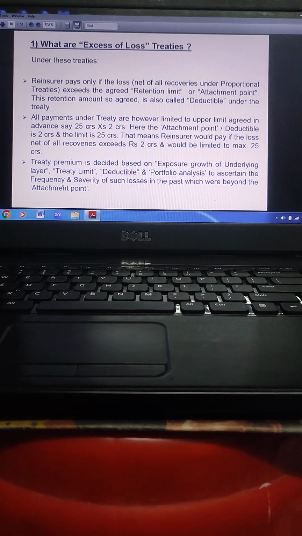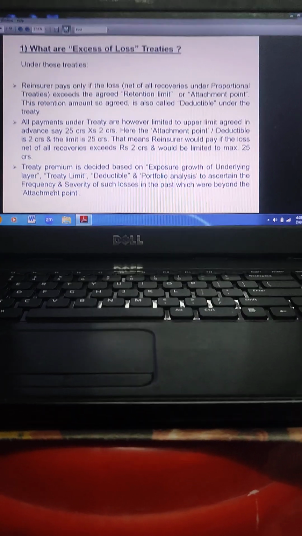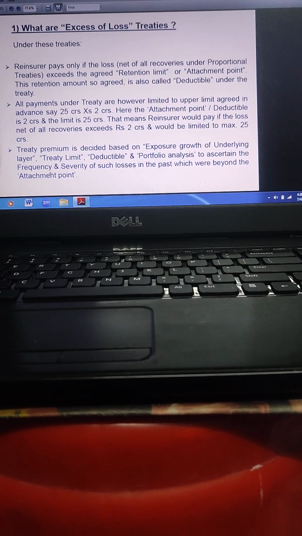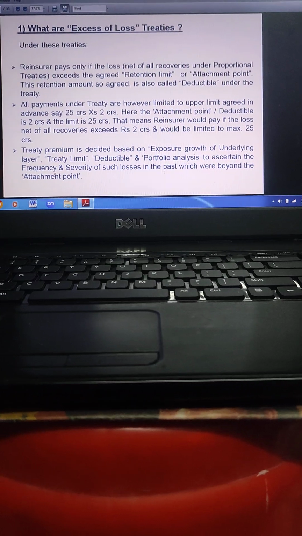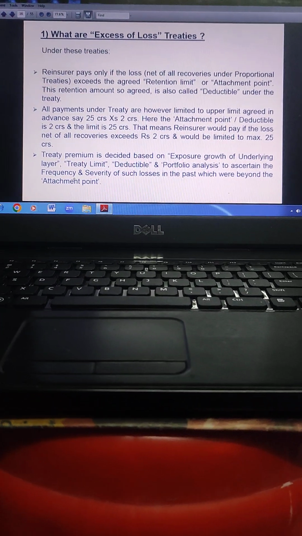All payments under the treaty are however limited to an upper limit agreed in advance, say 25 crores in excess of 2 crores. So here the attachment point or deductible is 2 crores and the limit is 25 crores.